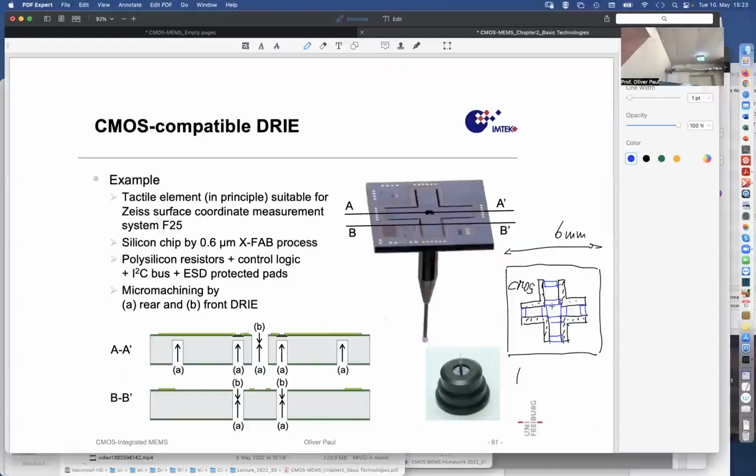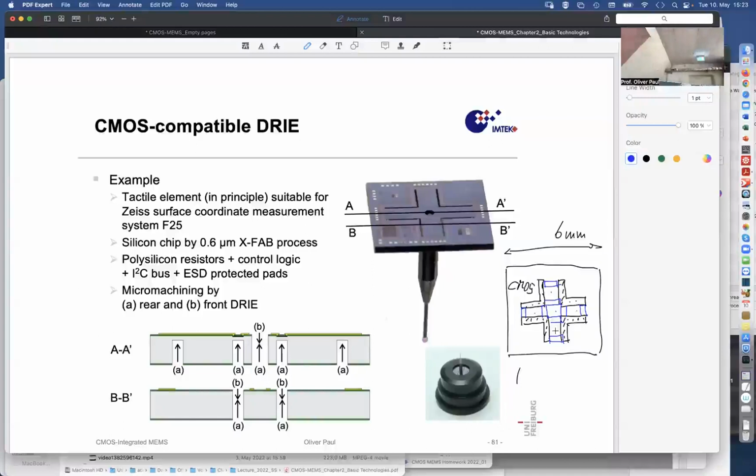That means that I have very thin silicon membranes there. Those membranes are flexible, whereas the pieces here have the full width. Here, here, here, here, and here. They have the full width of the wafer. They are very rigid.